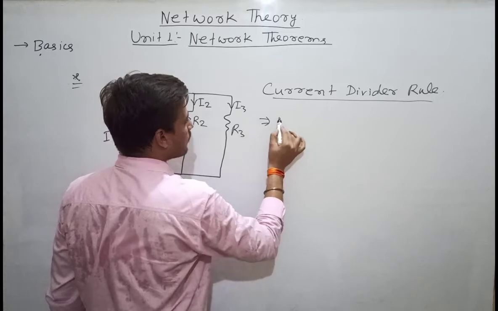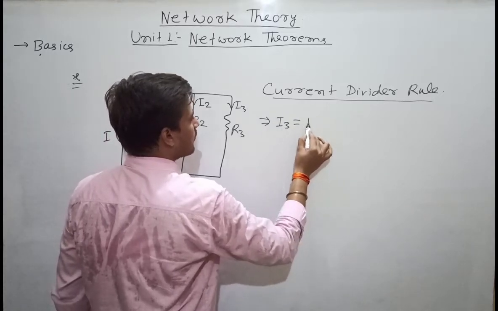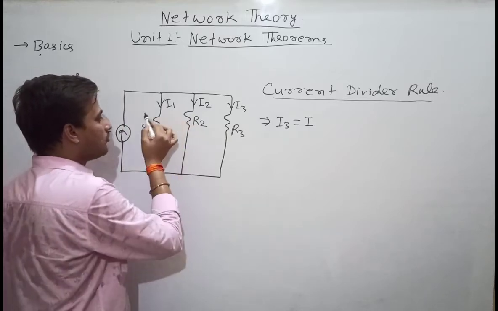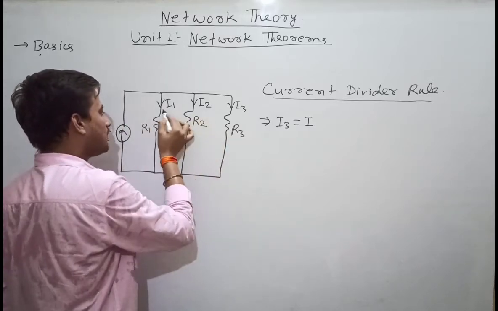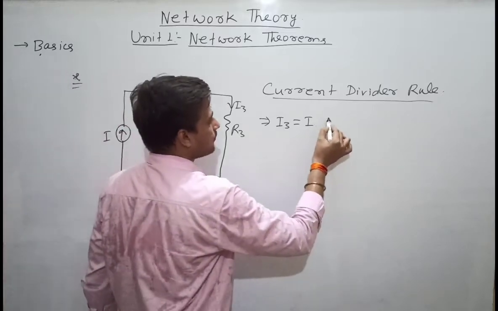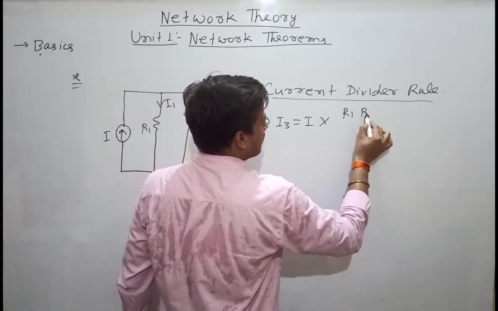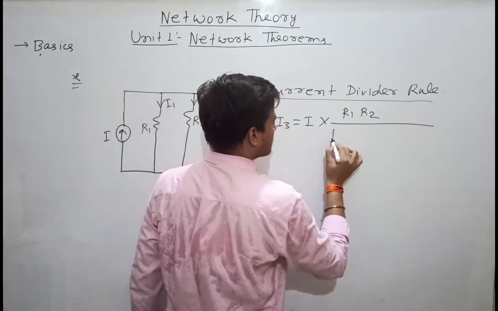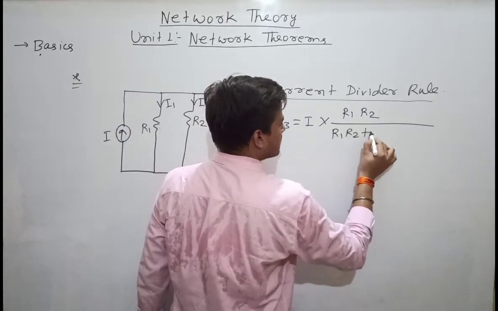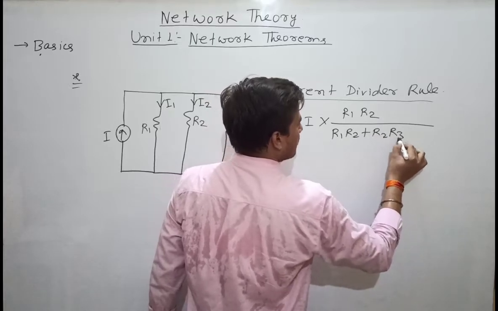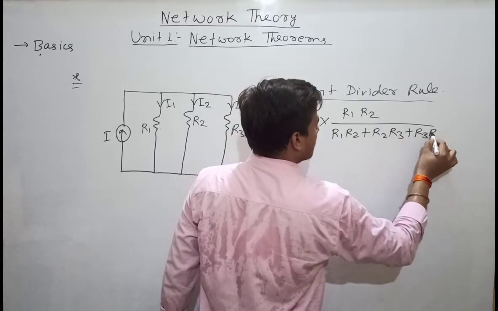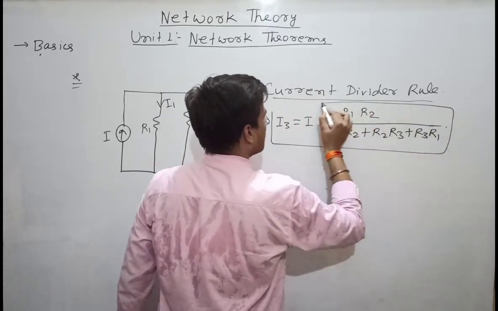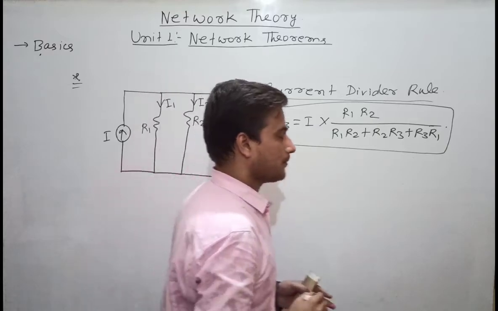Now if somebody asks you to find the value of I3, what will it be? Again, at the numerator you write the product of the other two resistors, that is I into R1 R2, divided by, at the denominator, the sum of products, that means R1 R2 plus R2 R3 plus R3 R1. Clear? This will be the value of I3.